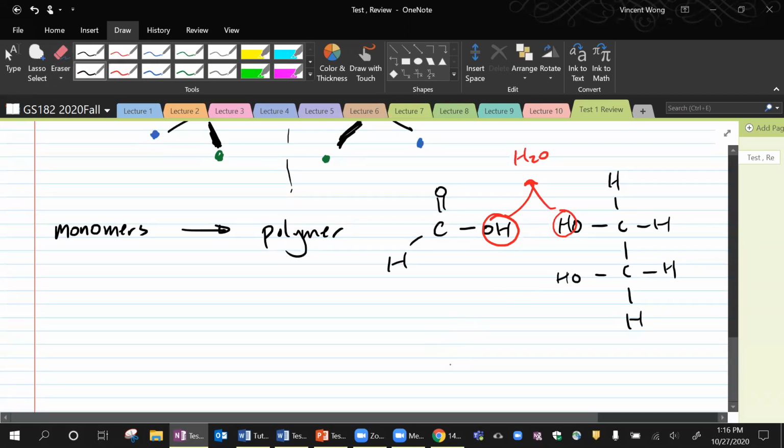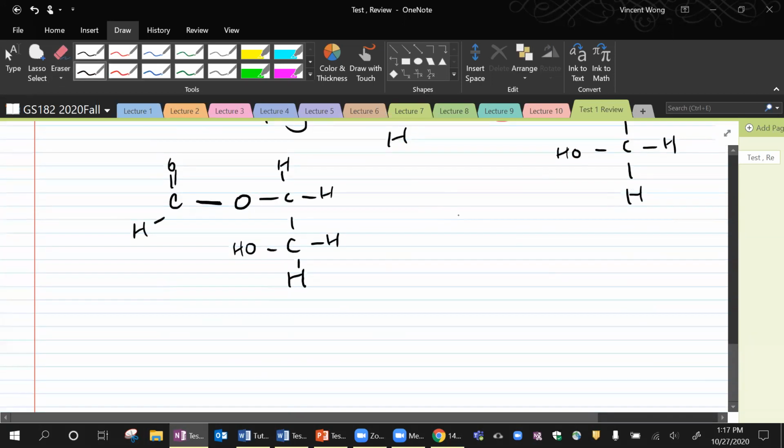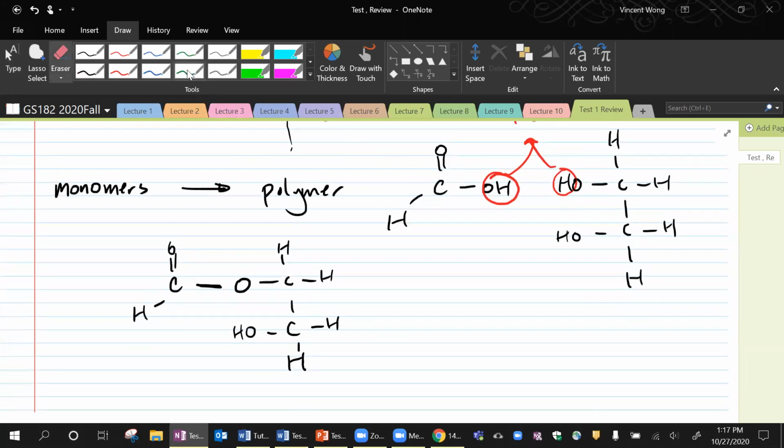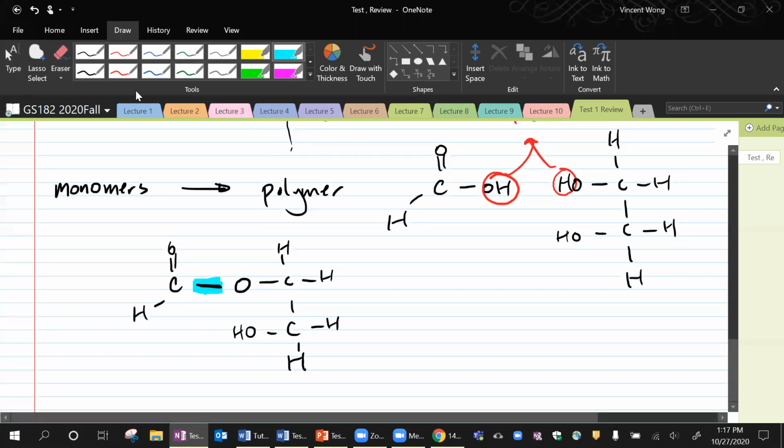Afterwards you're going to have the exact same thing, but now the C connects directly to the O. You can check back the week 2 tutorial; there was a poll question like this. This is the new bond.